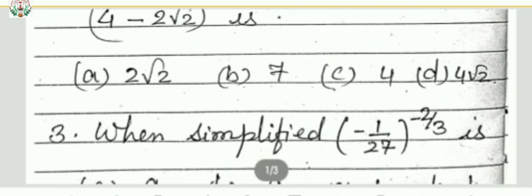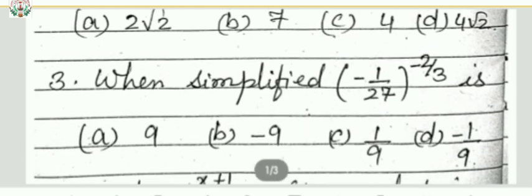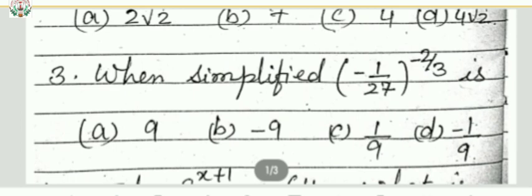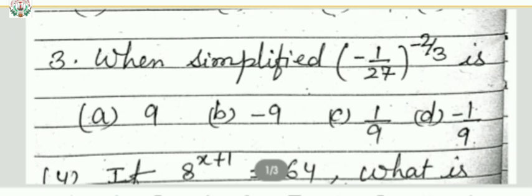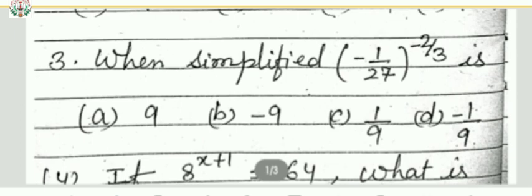Then comes the third question, that is when simplified, (minus 1 upon 27) whole to the power minus 2 upon 3 is. Now we know that 27 is the cube of 3, right?